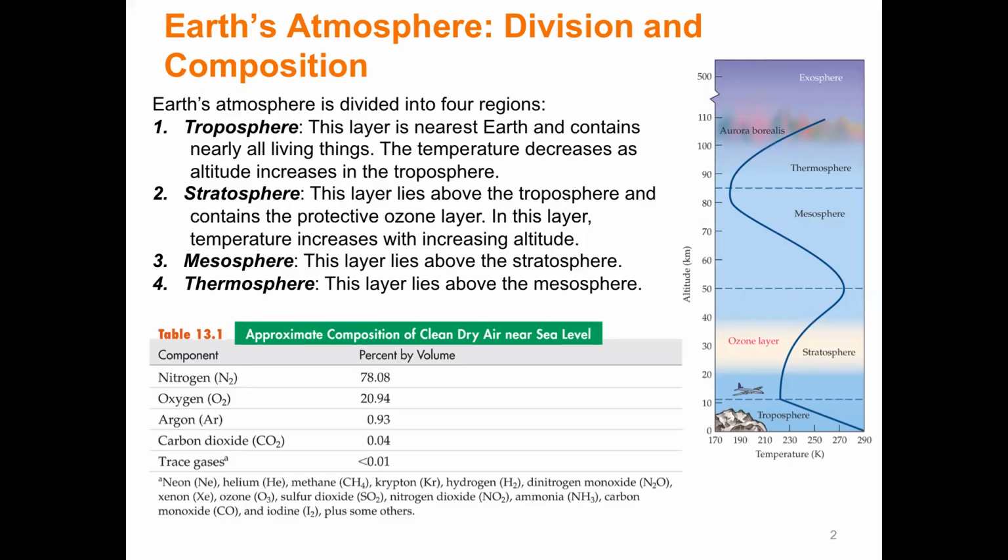So the part that we live in is called the troposphere. So that's the one at the bottom. And here, as we understand it, as you go up in altitude, it gets colder, which is why at the top of the mountains there's snow, at least for now, because it's colder up there. And this is the part that has the gases that we breathe.